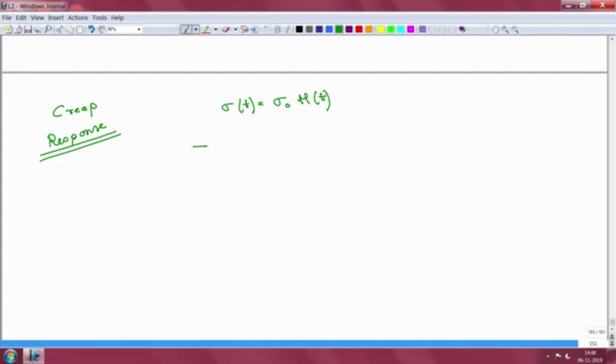And this implies again that if you take the Laplace of both sides, you end up with sigma naught by S. Right. So, previously we saw, we will just rewrite that equation, P naught sigma plus P 1 sigma dot was equal to some Q naught epsilon plus Q 1 epsilon dot.